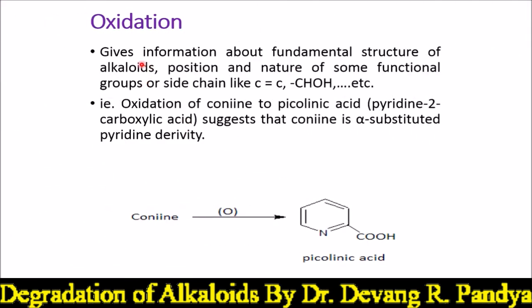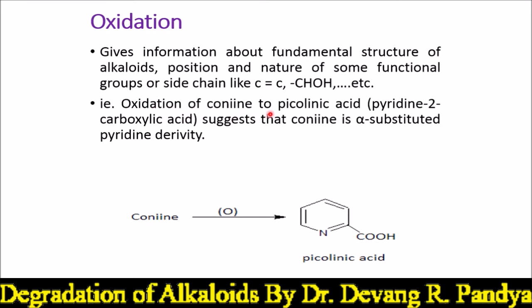Oxidation, through which we can perform the degradation. It gives the information about the fundamental structure of alkaloid, position and nature of some functional group or side chain, as either the carbon-carbon double bond is there or primary alcohol in the form of CHOH etc. This kind of information can be obtained through the oxidation.